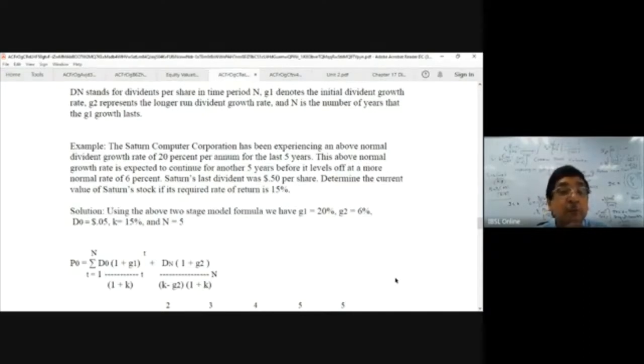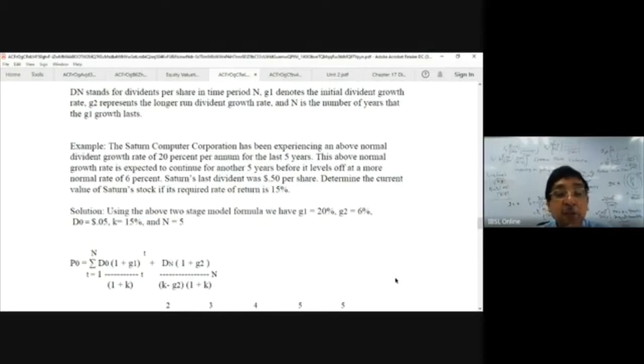So we can say P0 is equal to D0 into (1 plus G1). What is G1 here? G1 is 20%. So 1 plus G1.